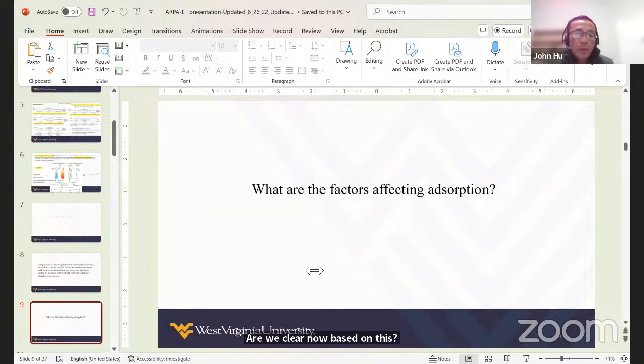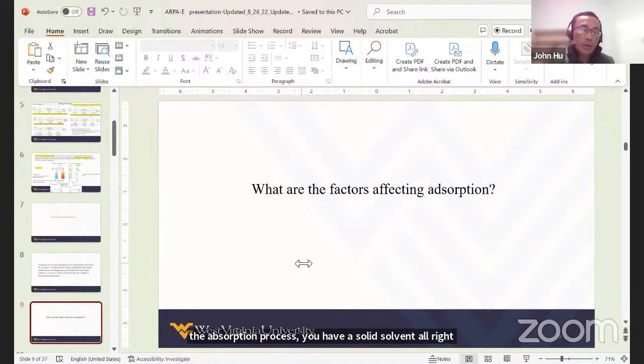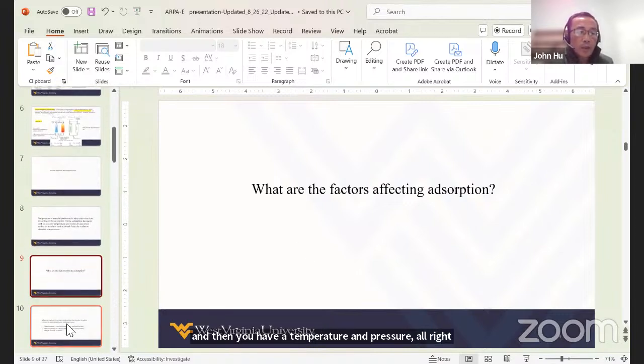Now I'm talking about the adsorption process: you have a solid sorbent, meaning some material that has to adsorb the ammonia, and then you have ammonia, and then you have temperature and pressure. All right, before I show you the answer, let's do it, the answer is next.